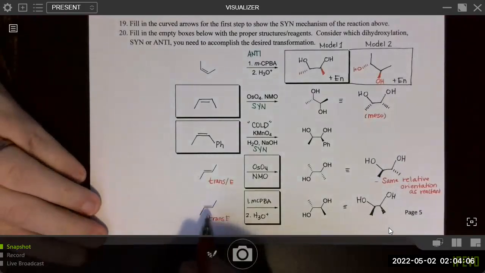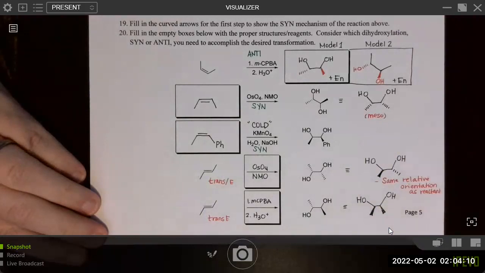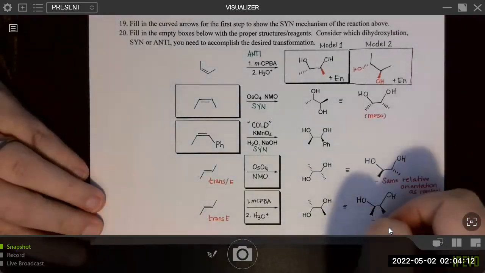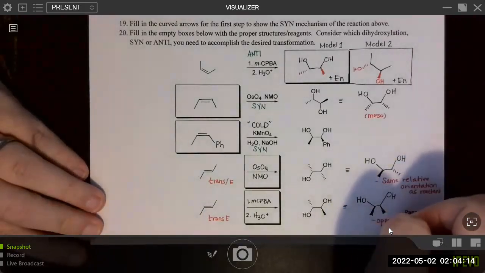These are opposites and they ended up with opposite relative orientation. Now they're both on the same side. So opposite relative orientation.